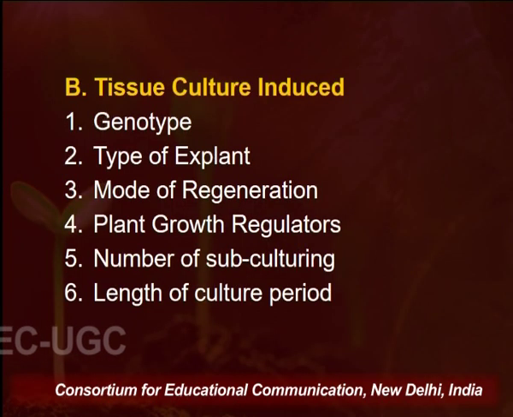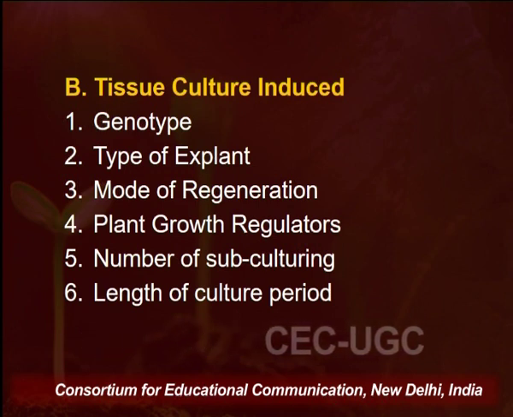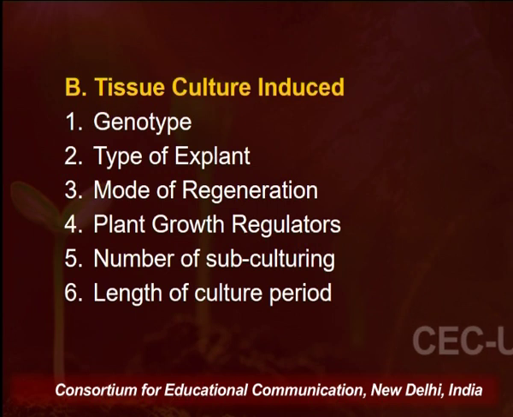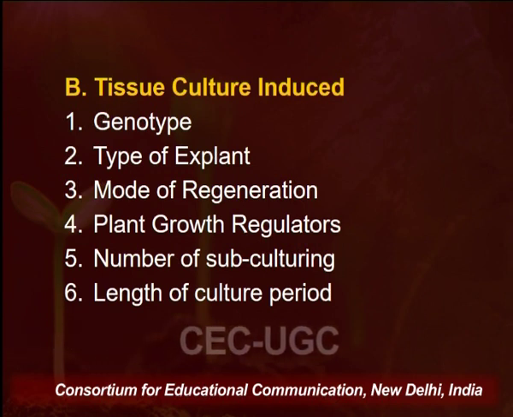Talking about the second category of the causes of somaclonal variations, that is, those causes that are induced by tissue culture. First one is the genotype of the plant material that is being grown under in vitro conditions, and the type of explant which we are using to develop the callus or the suspension culture, from which you regenerate the plant.